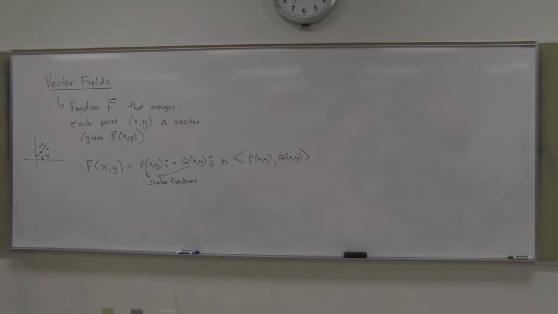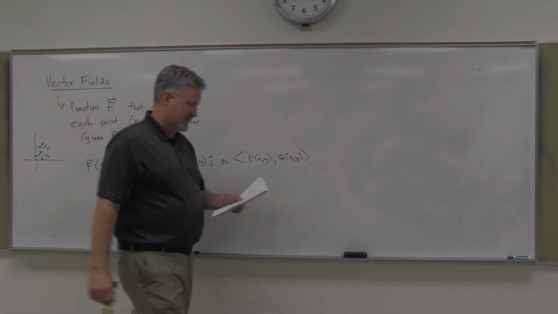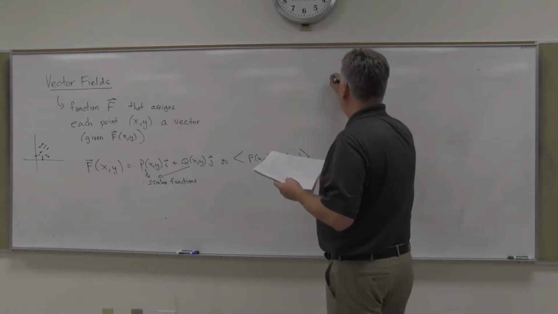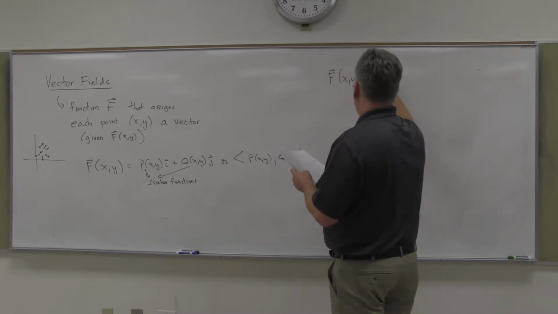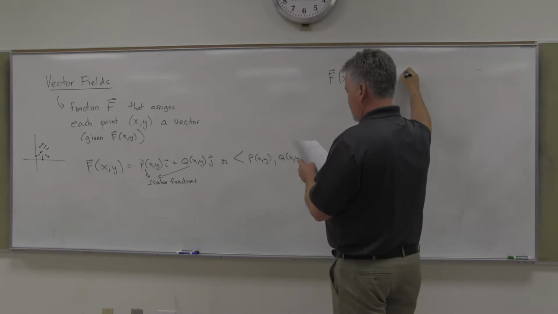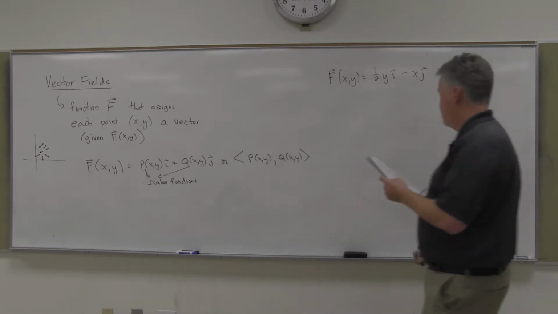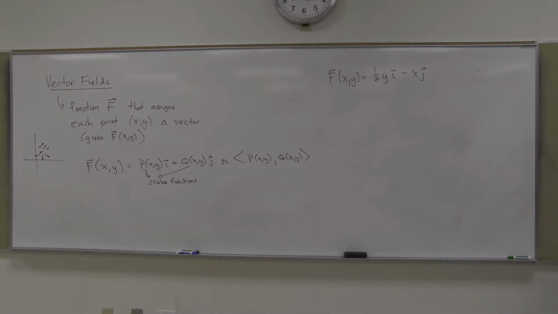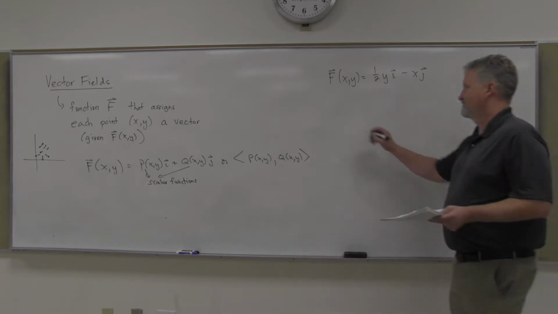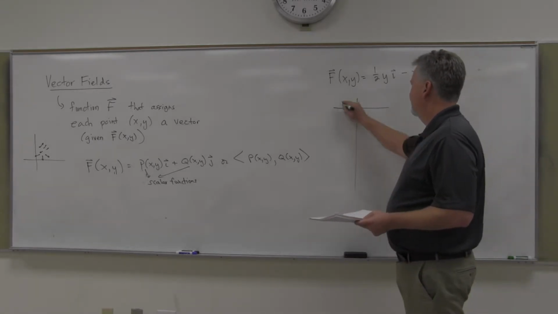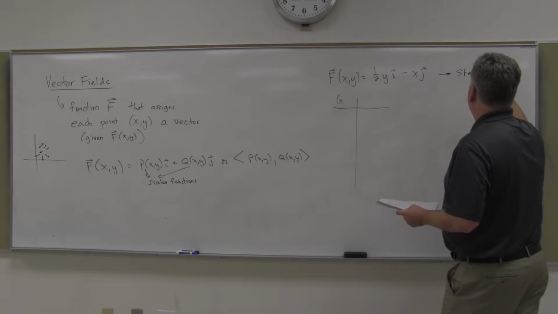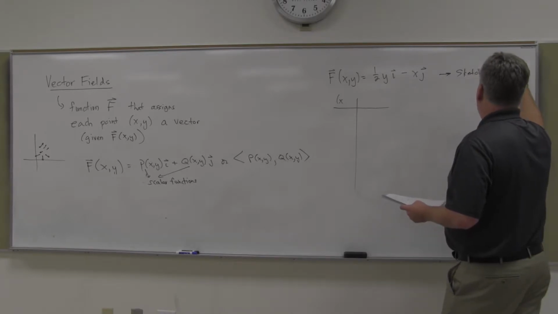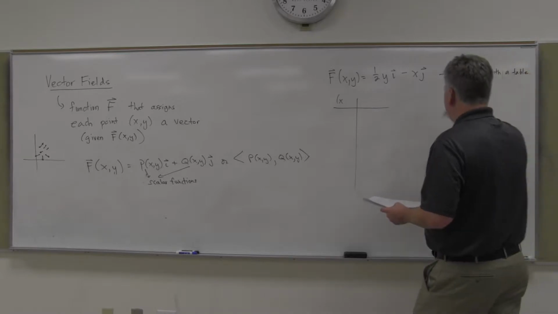Okay, so let's do one. F of x, y equals 1/2 y i minus x j. Here we're just going to sketch using the table.